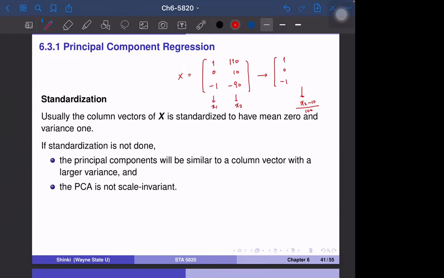Actually, this becomes the same, so it's not good. So maybe I would say negative 90, 10 and 110. Then we get negative 1, 0, 1. So in this way, x2 should be standardized.